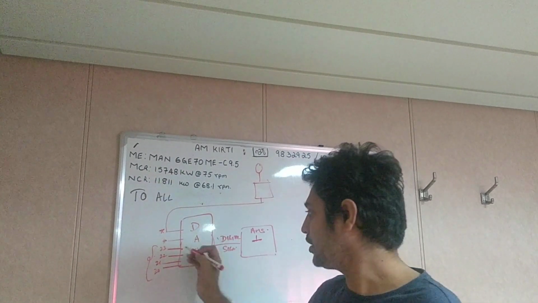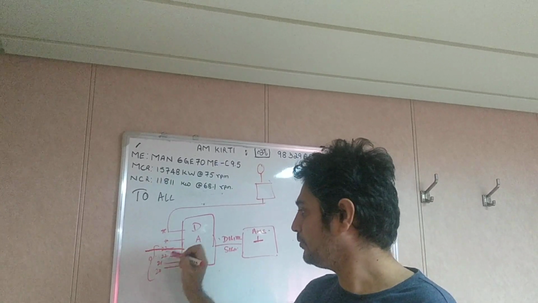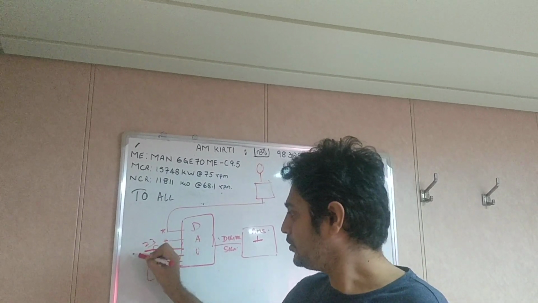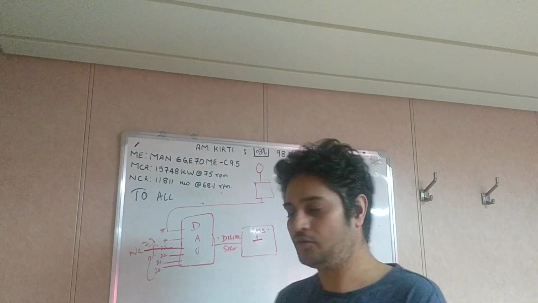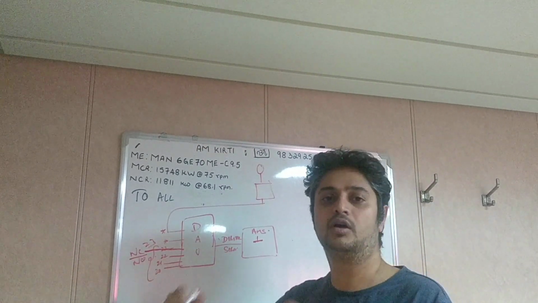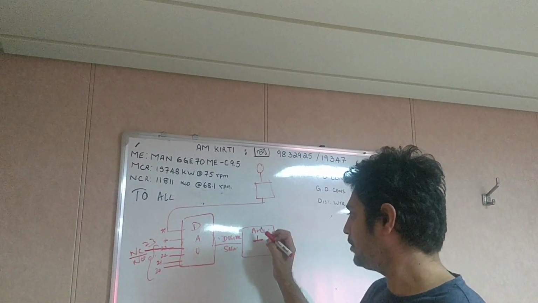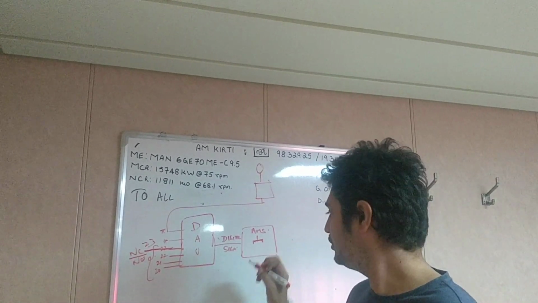Suppose, for example, this is channel 23, and this is NC as per the circuit. So when it becomes NO, you want an alarm. So as per AMS, it will be set as, just a moment.